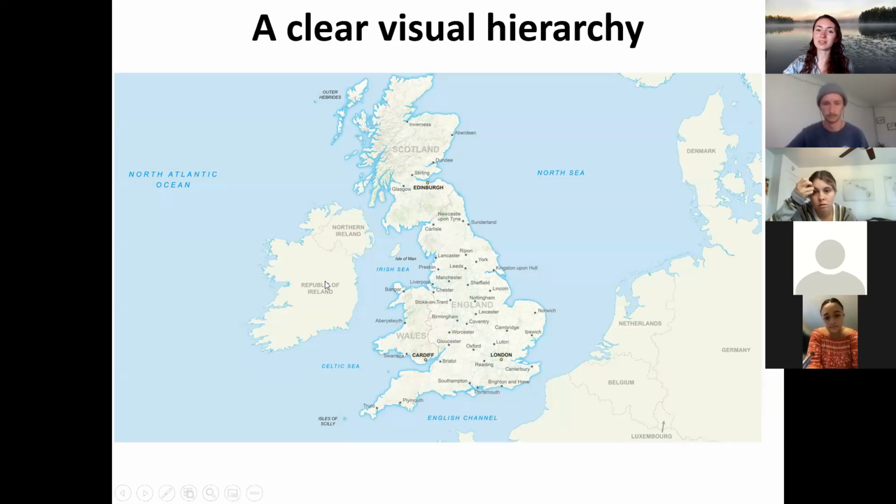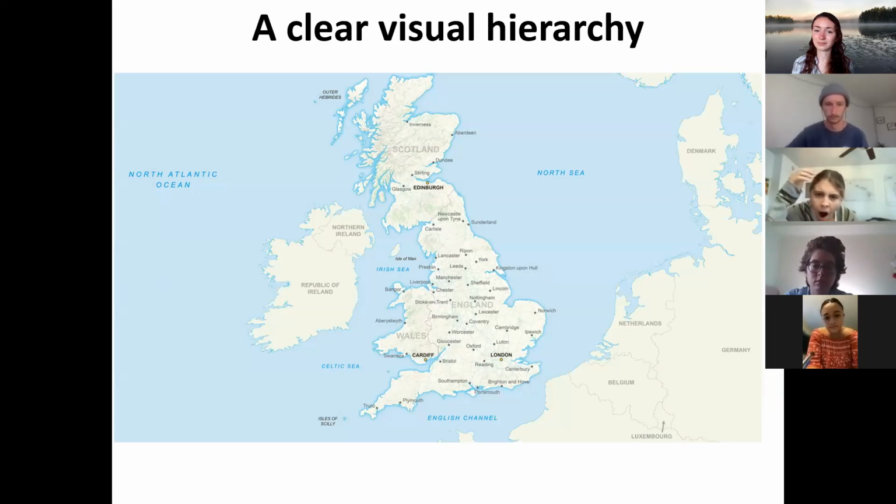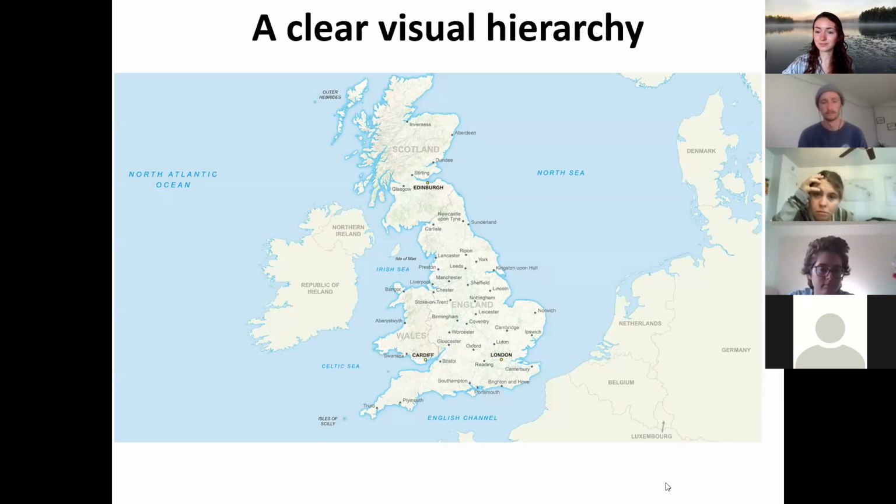Another important design principle is a clear visual hierarchy. So looking at this map, can anyone tell me what they think it's trying to show? Is it like the cities of the UK?